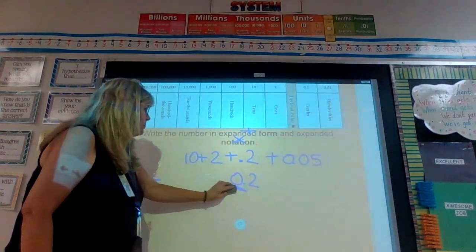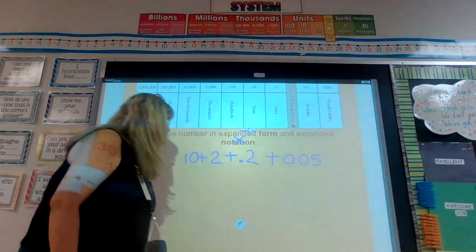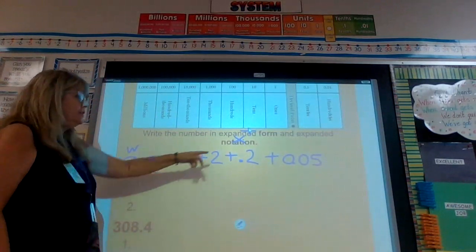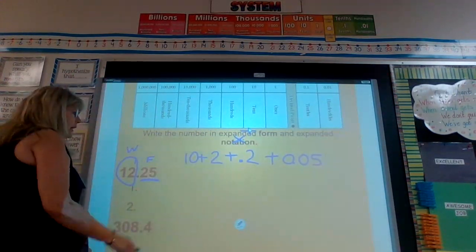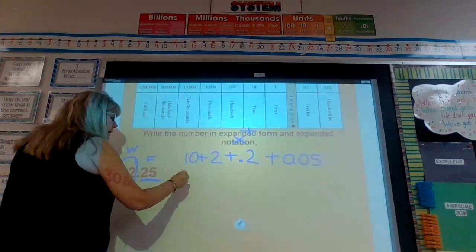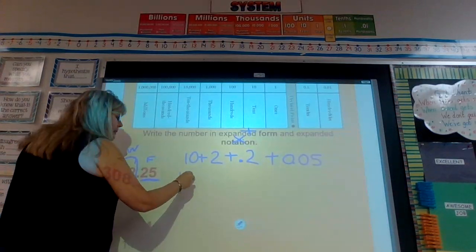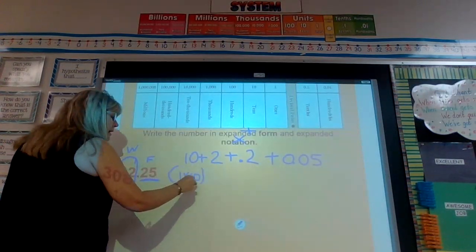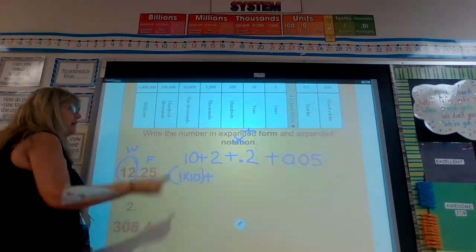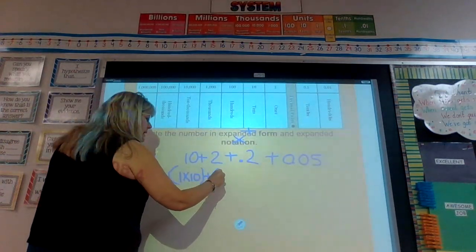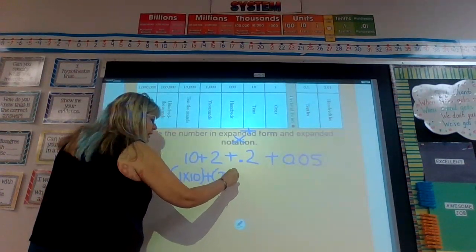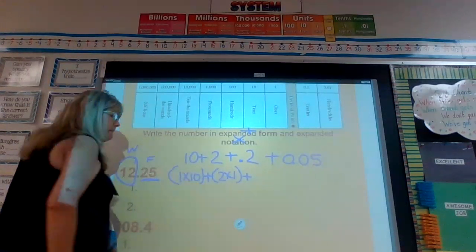Okay, let's do it in expanded notation. Remember, expanded notation is multiplying. So, I've got the number 1. It is in the tens place, so I'm going to multiply 1 times 10. Remember, we're adding. That 2 is in the ones place, so I'm going to say 2 times 1, and then I'm adding again.